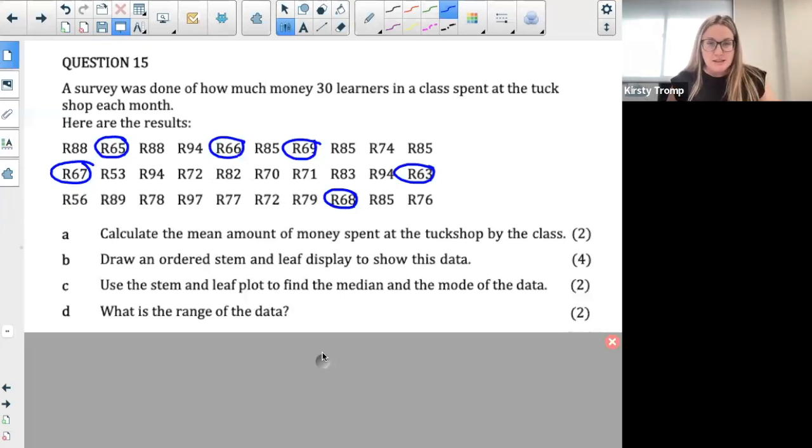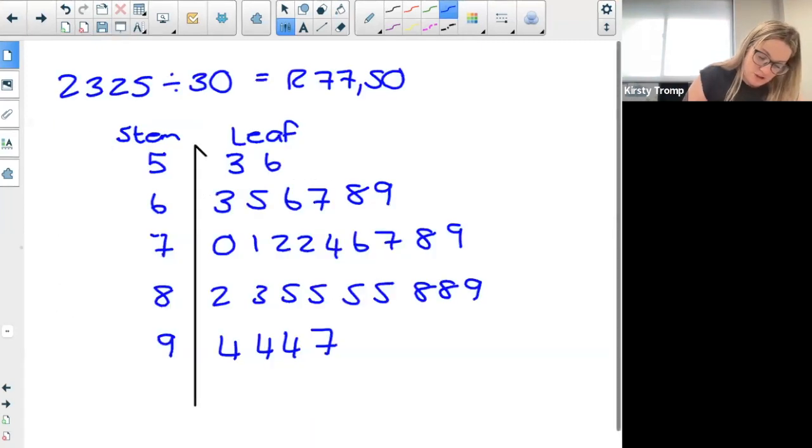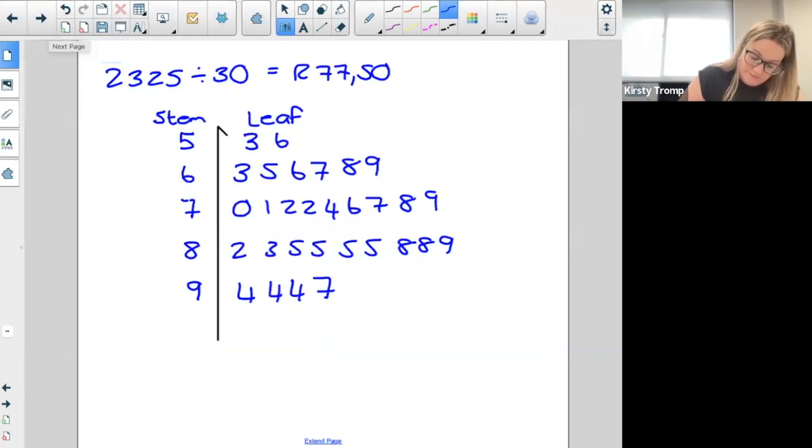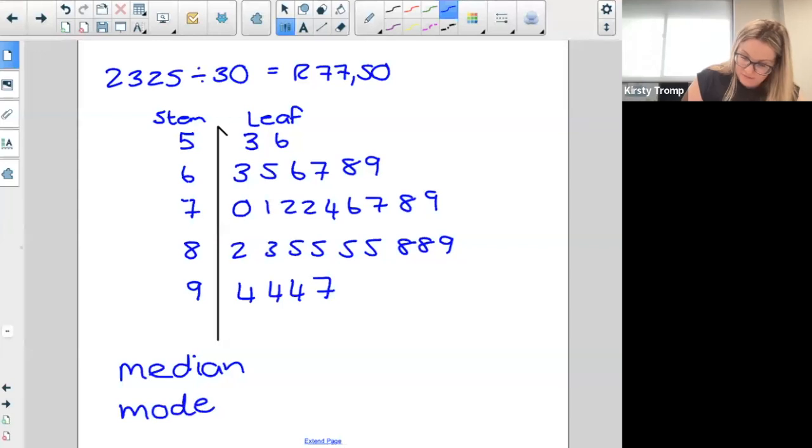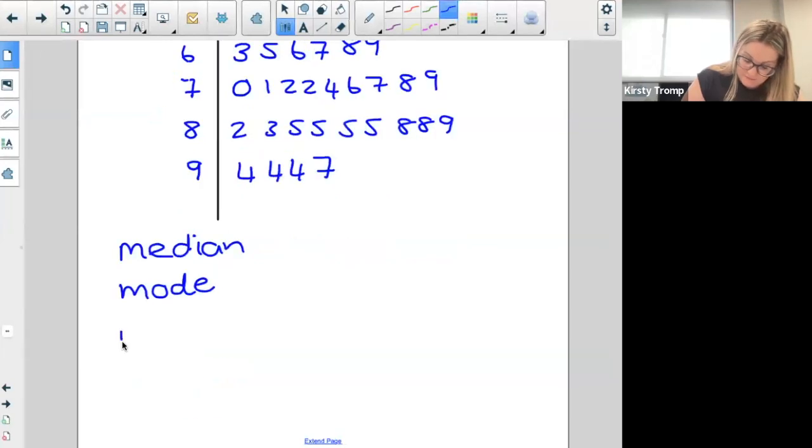Okay, so you're using the stem and leaf to answer these questions, guys. So you're going to use the median, the mode, and the range. I'm going to move it over to this page so that you've got them there. You're going to find the median, the mode, and the range.